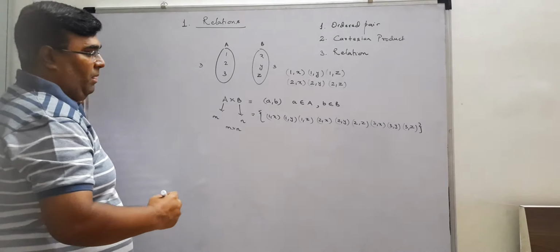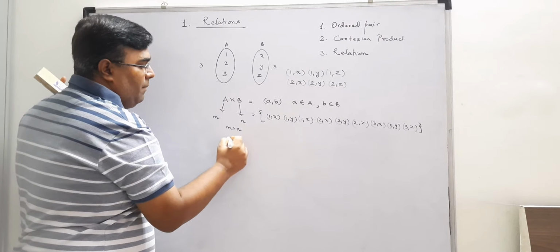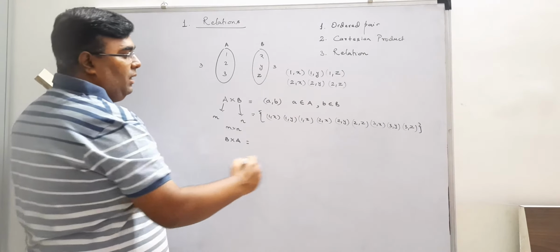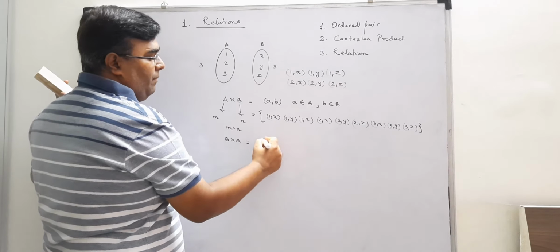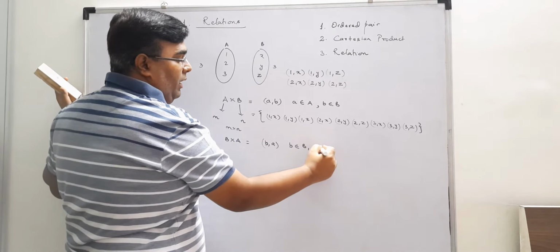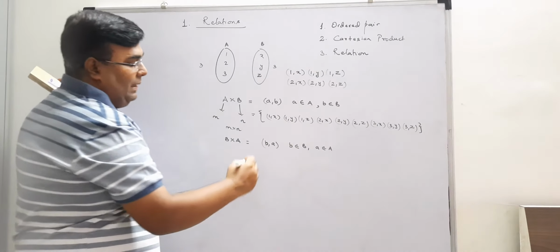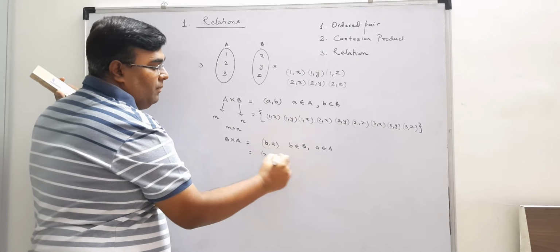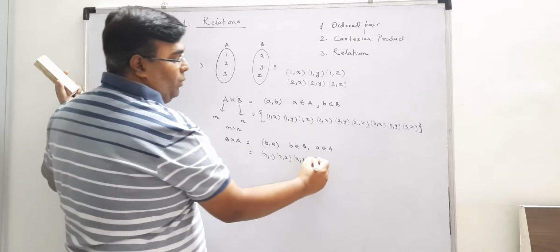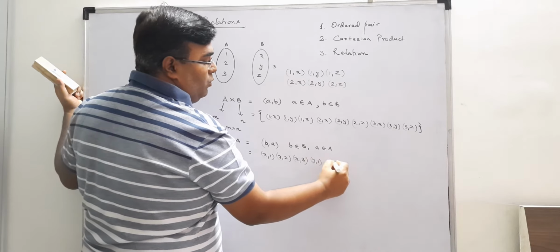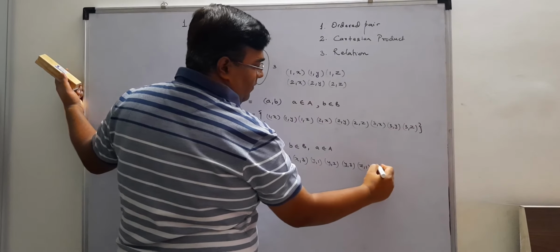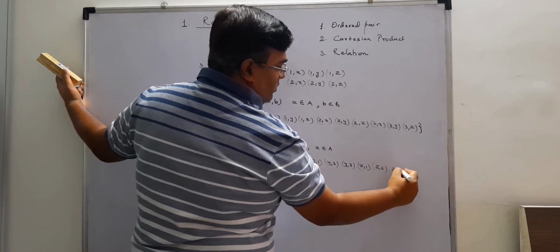Now if we do a reverse Cartesian product, meaning B cross A, what is the final answer? The ordered pair will get reversed, where the first element belongs to B and the second belongs to A. So my answer will be x1, x2, x3, y1, y2, y3, z1, z2, z3.